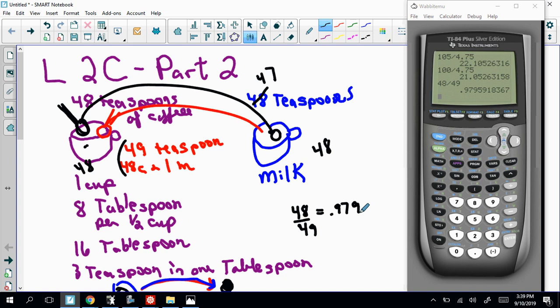is toffee on the way back, and 1/49th, which is 0.02, let's round it, 1, and that was milk.